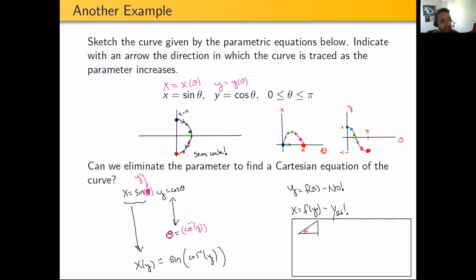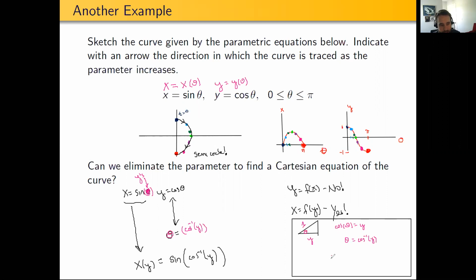What we know is that y is equal to the cosine of theta, so I could label this side y and this side 1, so that the cosine of theta is equal to adjacent over hypotenuse, y over 1, which is y. So cosine of theta is equal to y, and therefore theta is equal to the inverse cosine of y.